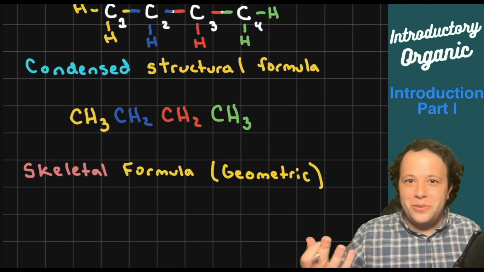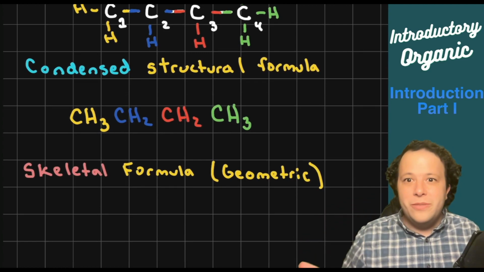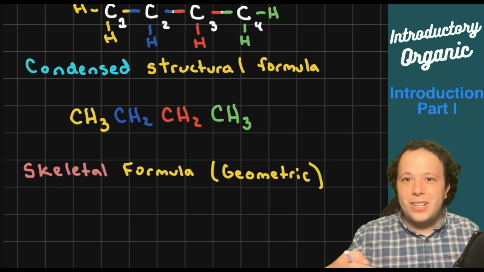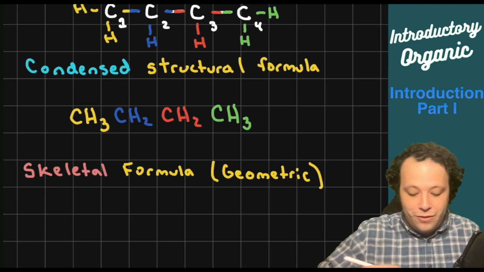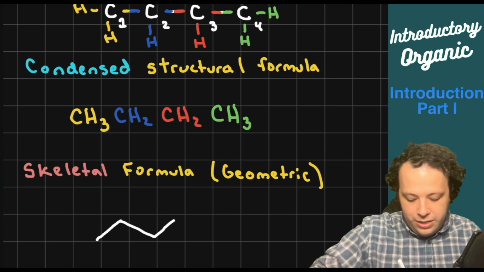The skeletal formula is just doing our little zigzag pattern. And the whole reason we're showing those zigzags is because it shows geometries, which we'll cover in future videos as well. So talking about tetrahedral geometries for this particular one. So being that we will have this, it'll be 1, 2, 3, 4.